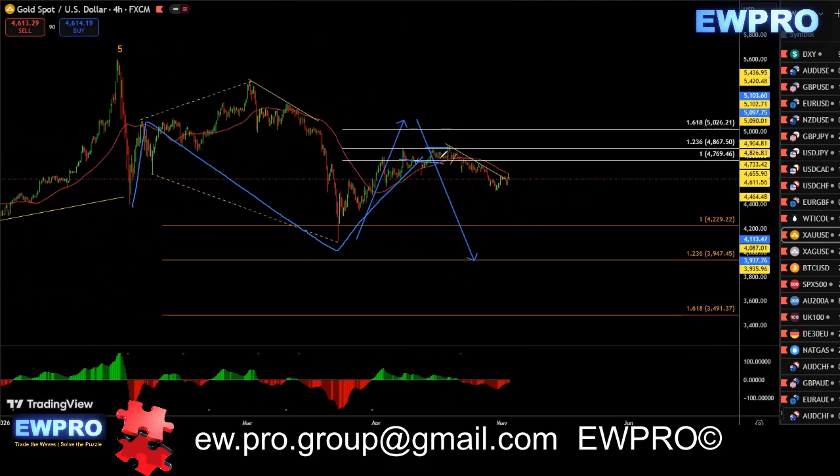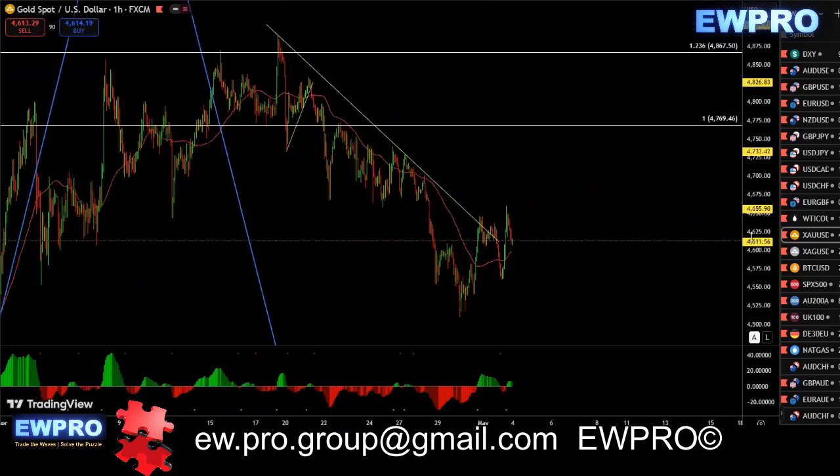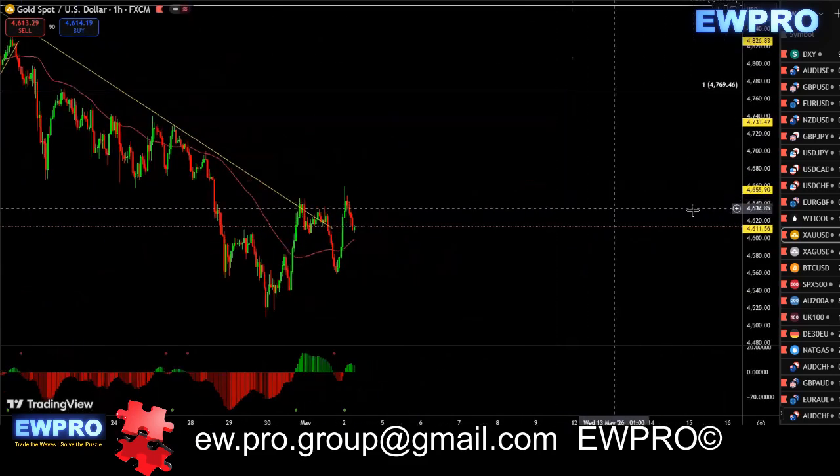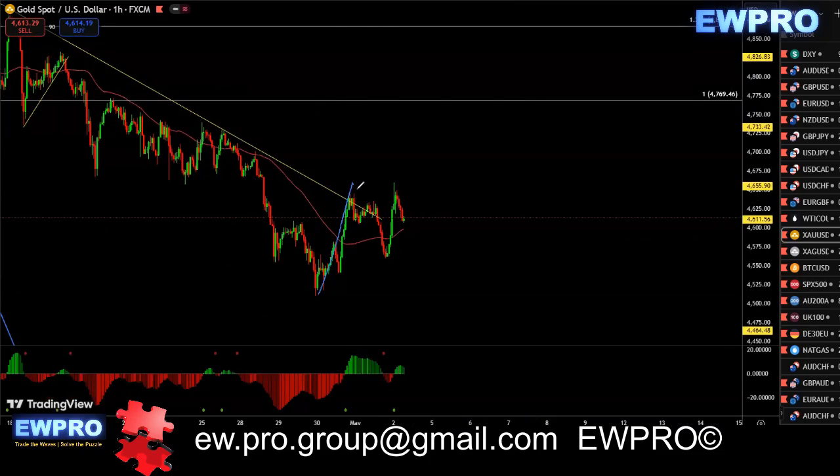But now we've got to be quite careful because I am looking for that larger A, B, and a C down now. There was a buy on this too, but it's already played out. On the lower time frames, we had a nice impulse up in here, got a correction, and it's already gone up and broken the tops. Now we're getting bearish divergence, so it's more than likely bearish.